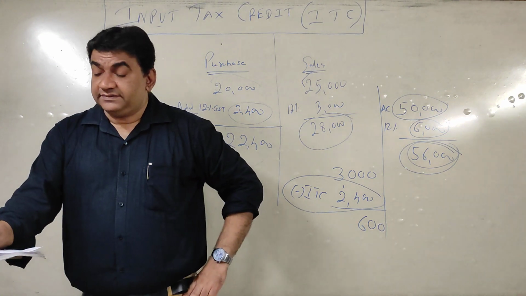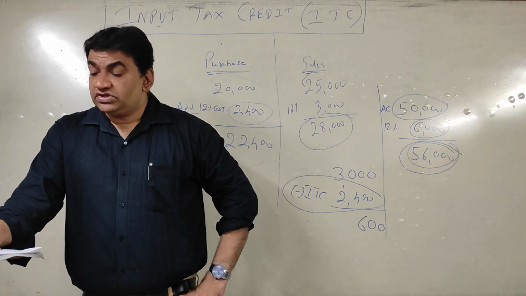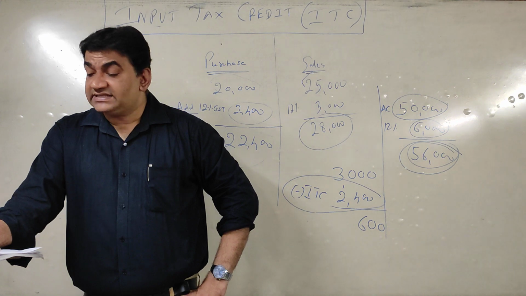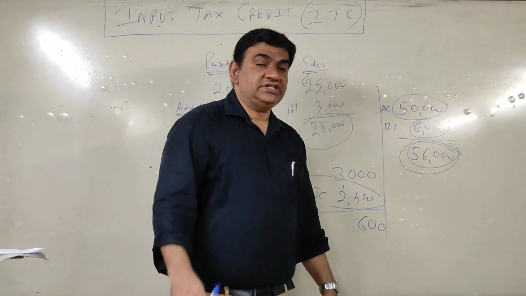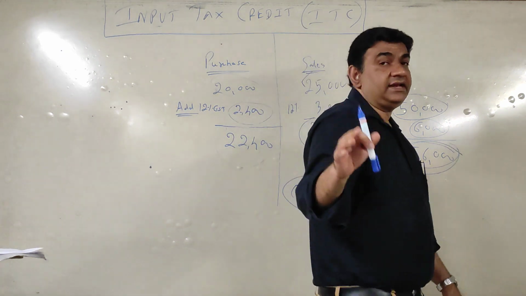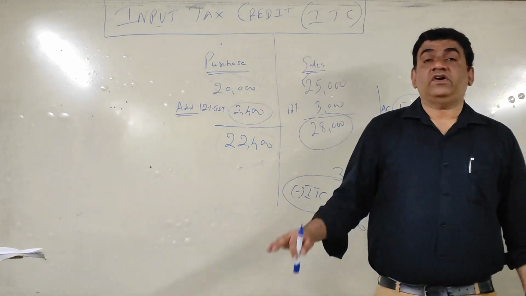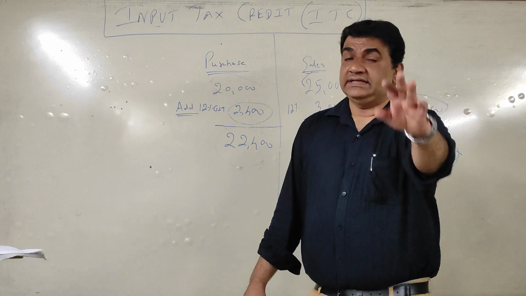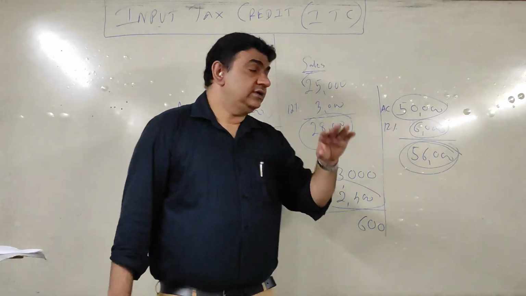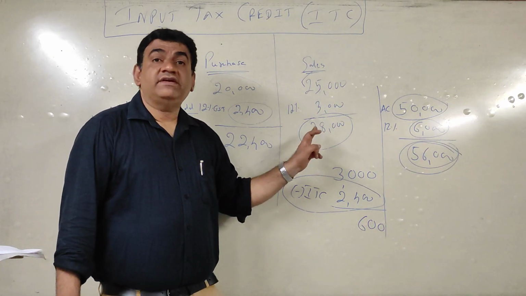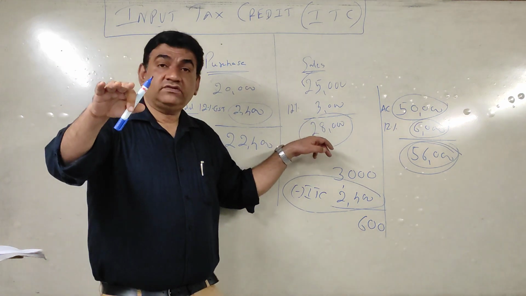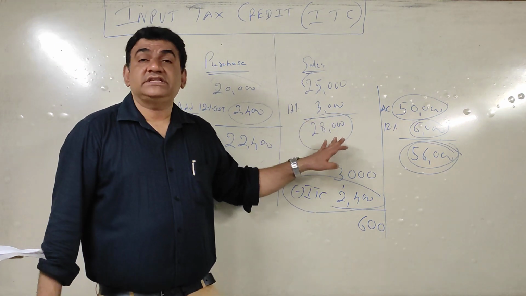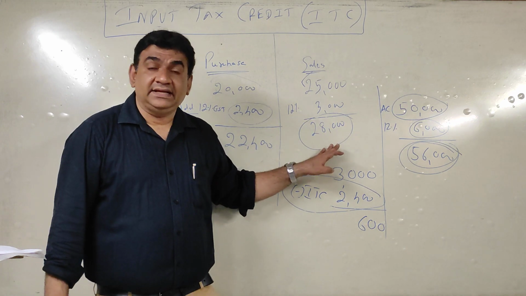Next, E. Goods or services or both on which tax has been paid under the composition scheme. Composition scheme is a scheme where dealers get a benefit of paying a low rate of tax. They will not collect tax on every transaction. When we do the chapter levy and collection of tax, we will see the composition scheme in detail.